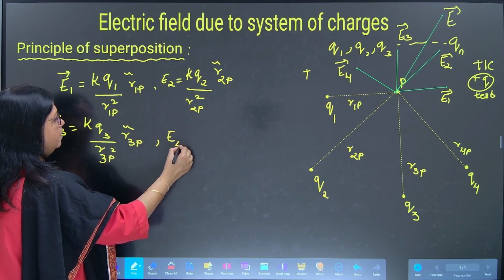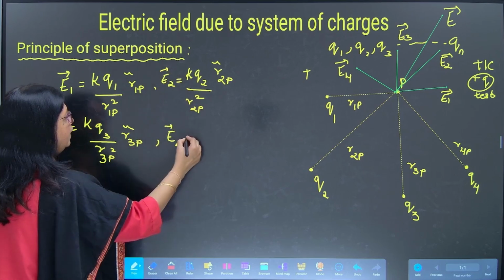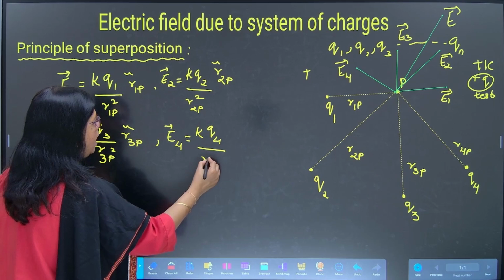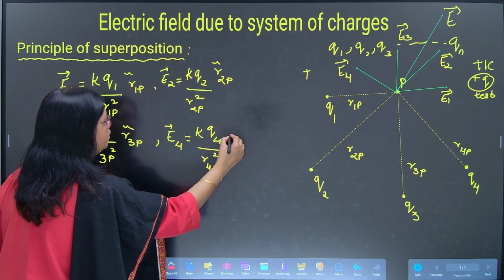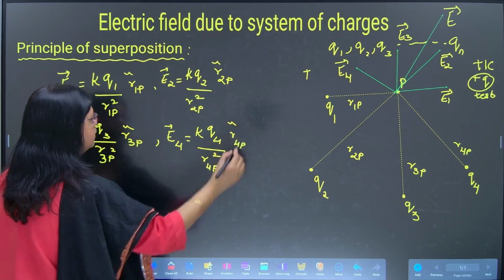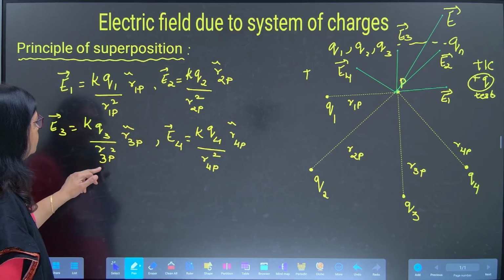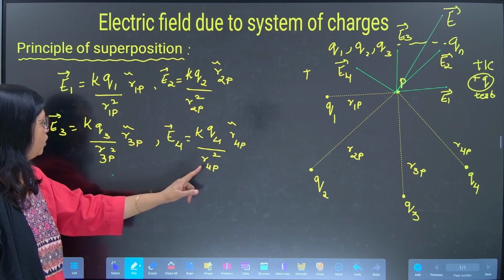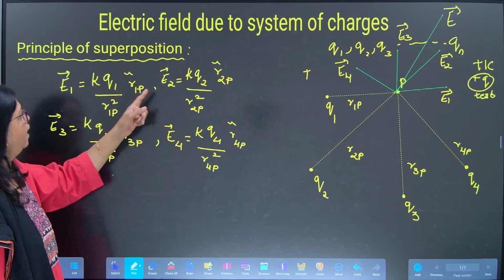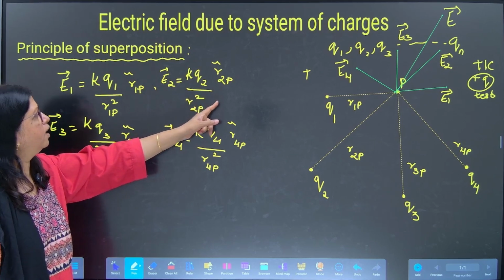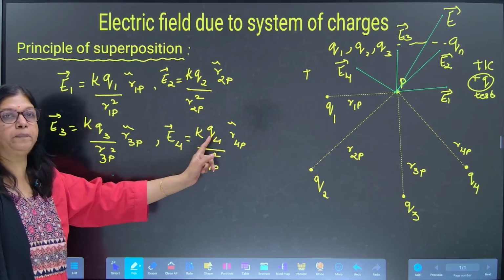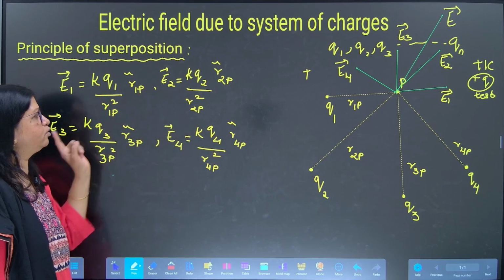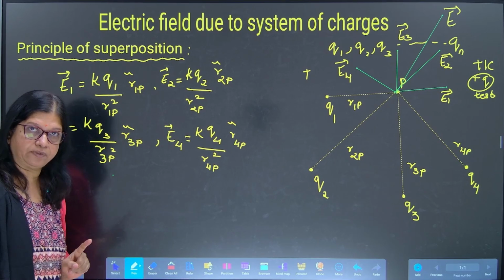Similarly, E4 vector equals K Q4 upon R4P square, R4P cap, where R2P, R3P, R4P are the distances from Q2, Q3, Q4 to the point P, and R1P cap, R2P cap, R3P cap, R4P cap are the unit vectors representing the directions of the electric fields E1, E2, E3 and E4 respectively.